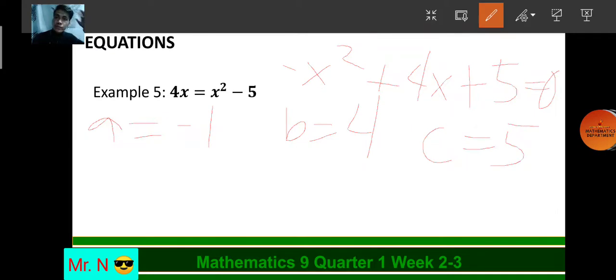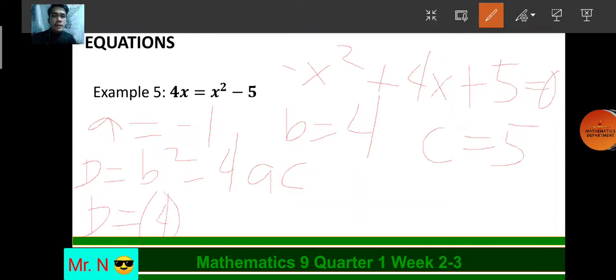Now, using the discriminant, b squared minus 4ac. Let's substitute the values now. So we will have b is positive 4, so we will have here 4 squared minus 4 times the value of a is negative 1, and the value of c is 5.